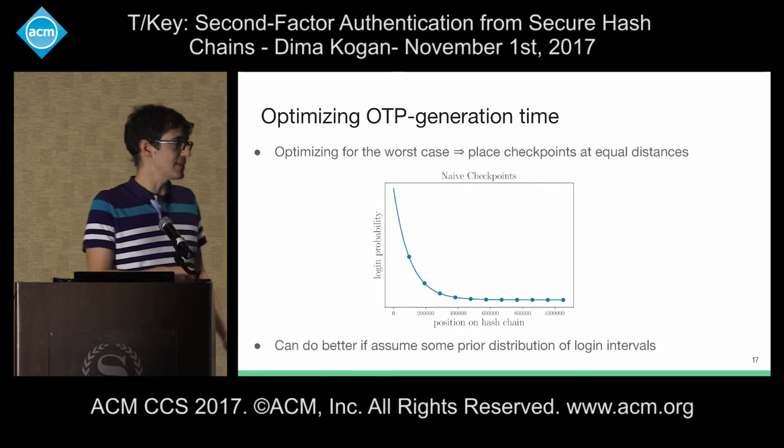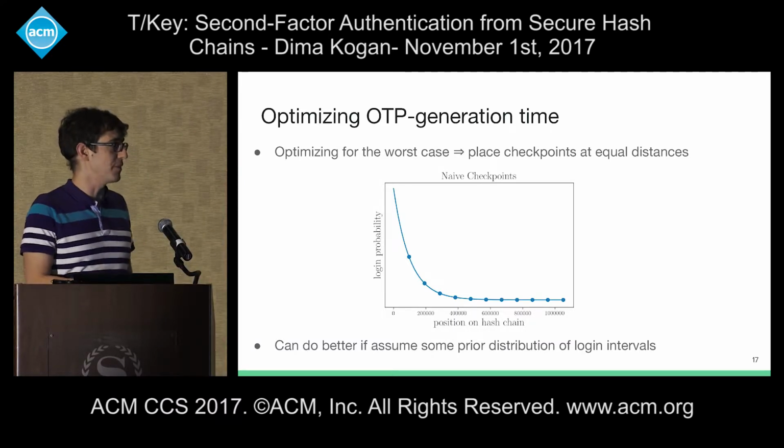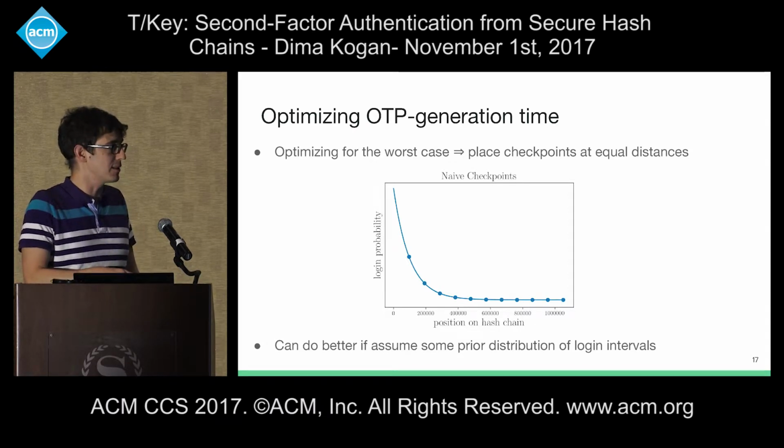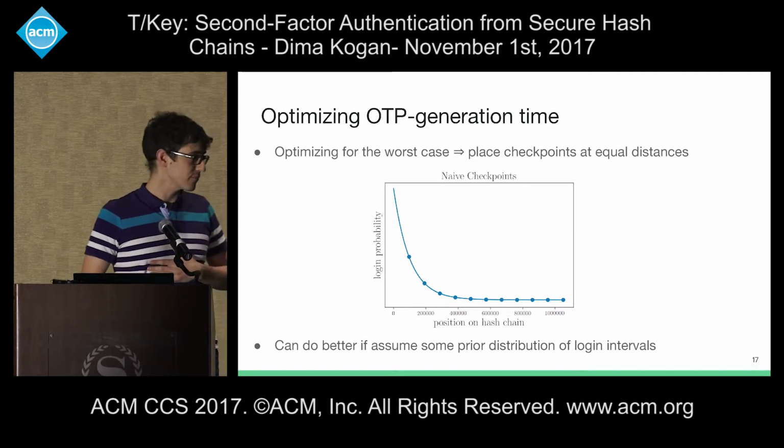Taking this illustration in mind, looking at the login probability versus the position on the hash chain, you can see that if we just naively place the checkpoints at equal distances, we do not optimize for the area of the hash chain in which the login probability is concentrated.